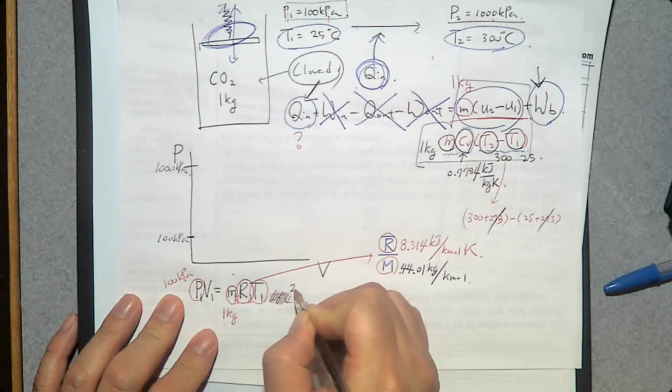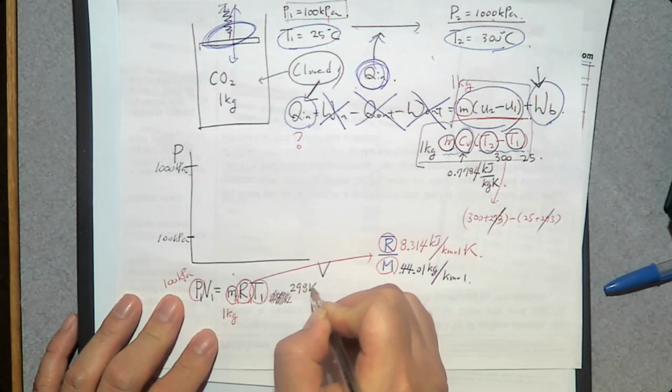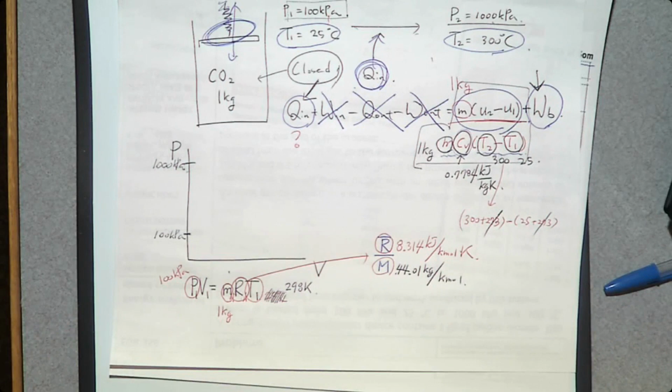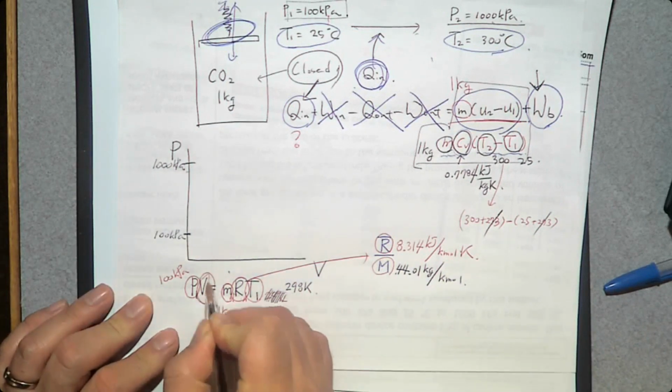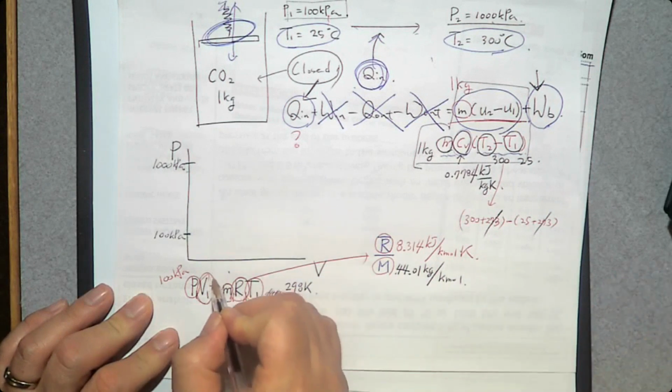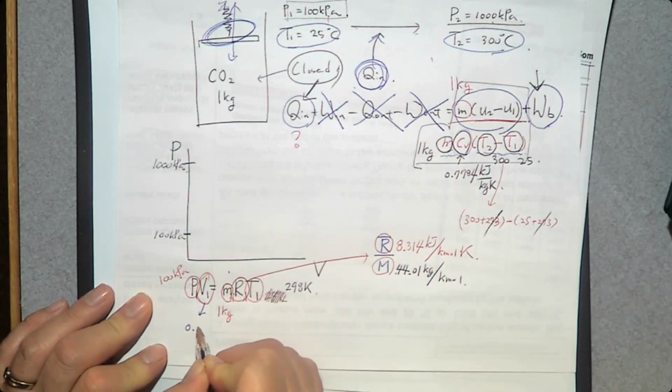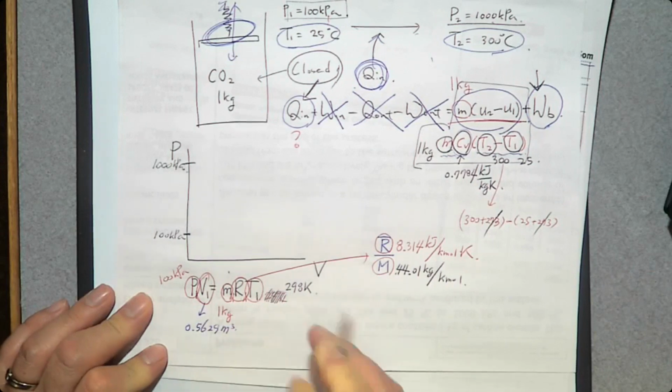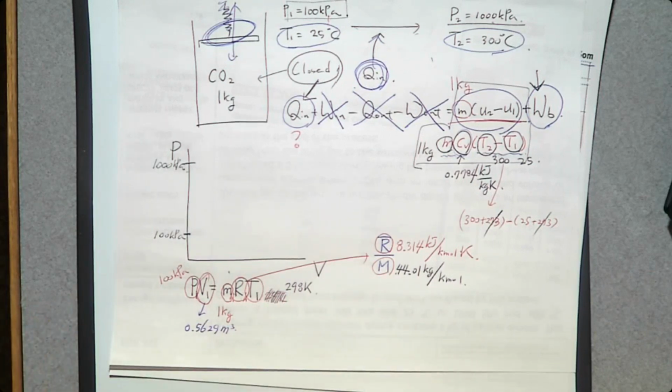It's going to be 298 Kelvin. Then you determine V1. If you do, V1 is 0.5629 cubic meters.